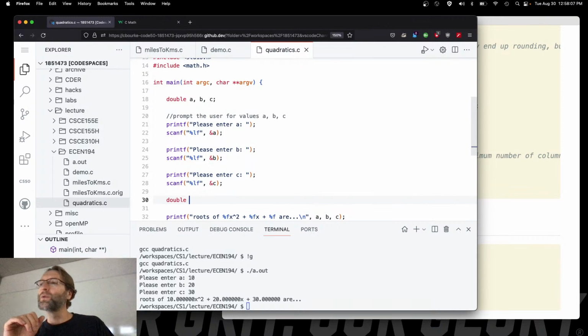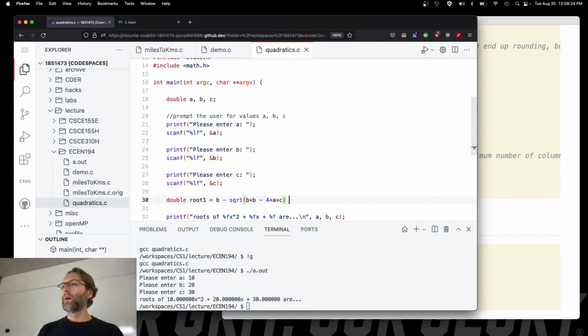And that's your solution. But here we need that quadratic formula from before. Root 1 is equal to b minus square root of, help me out here, b times b minus 4 times a times c, right? All divided by 2 times a. What was my mistake from before?